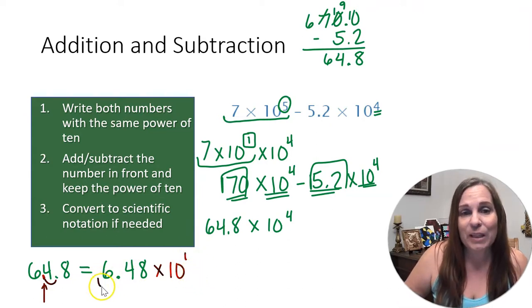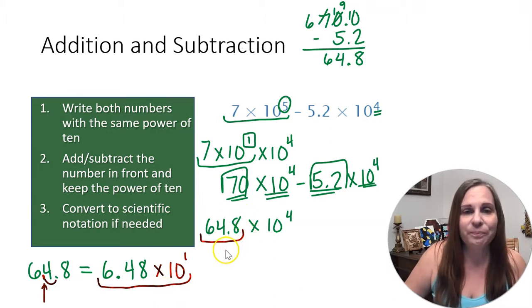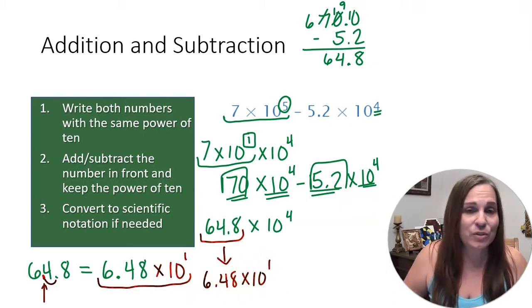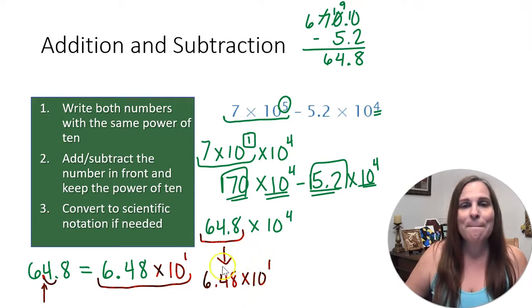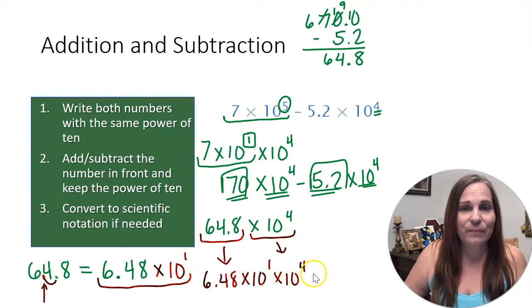Now I'm going to replace this with what I just got. So that's going to be 6.48 times 10 to the first, right? And I still have to bring this down, times 10 to the fourth.